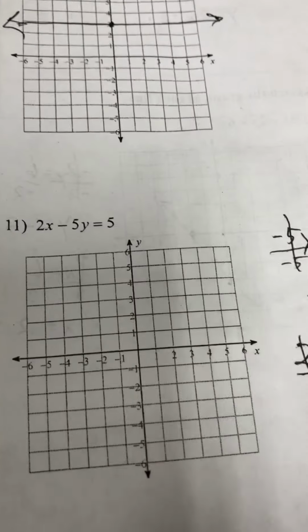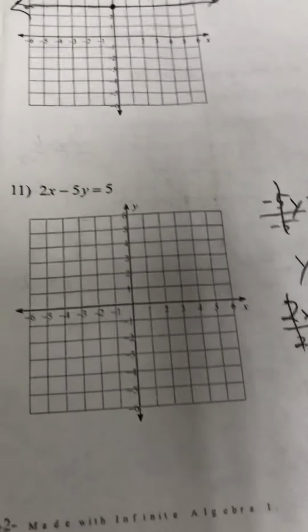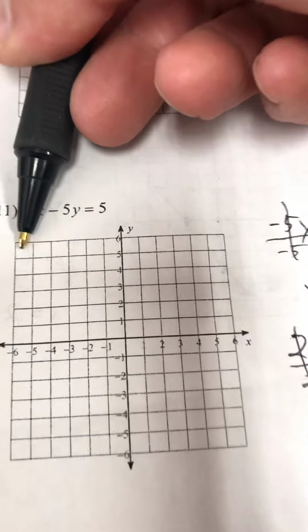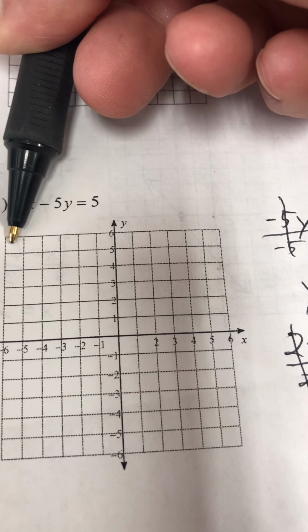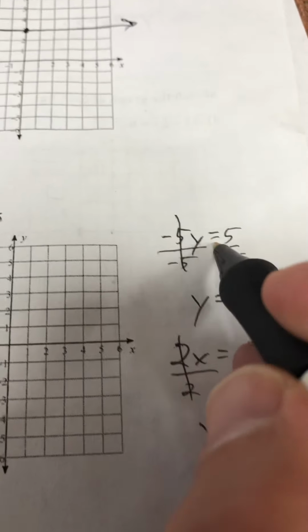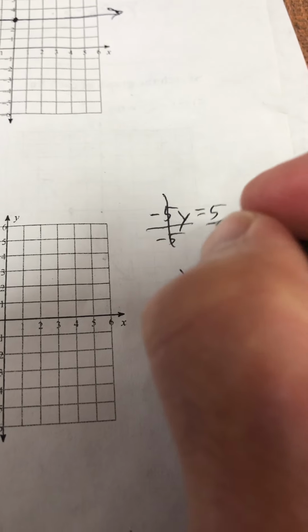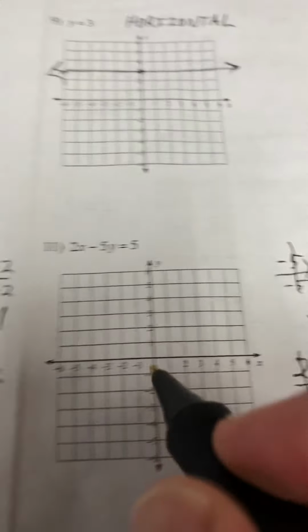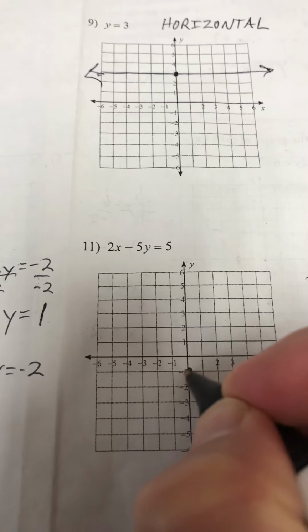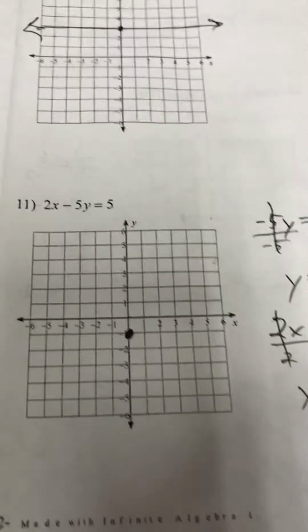And then number 11, when x is 0, I'm left with negative 5y equals 5. I divide both sides by negative 5. y equals 5 divided by negative 5, which is negative 1. So I go to where y is negative 1. Okay?